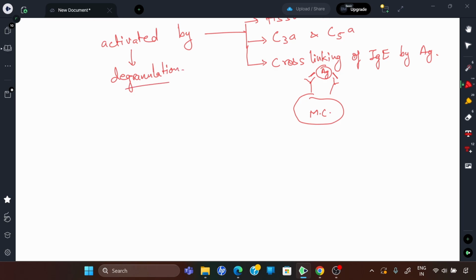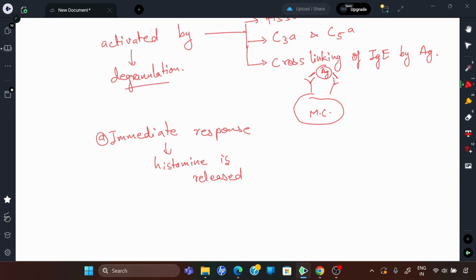So when mast cells are activated, they can produce two types of response, right? The first one is the immediate response, wherein the mast cells have some preformed histamine granules, and as we know that mast cell activation leads to degranulation, histamine is released from those preformed granules, right?